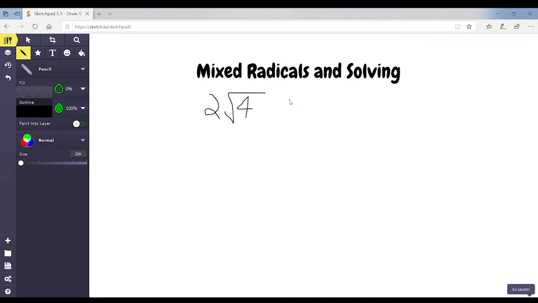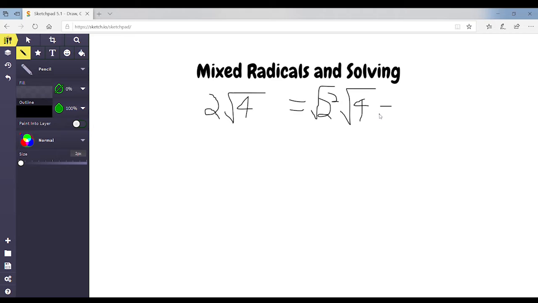Now, if we wanted to convert this into one radical under a full radical, we need to make sure that the 2 is under a radical too. We know that 2 is the same thing as 2 squared square rooted, right? And that's still multiplied by the square root of 4.